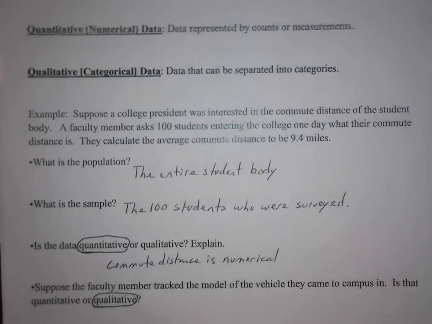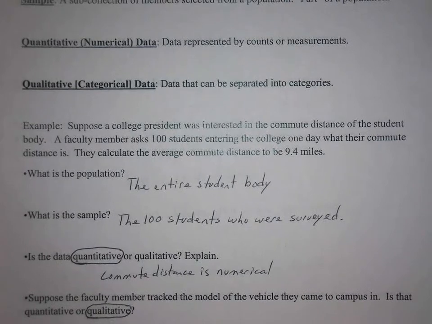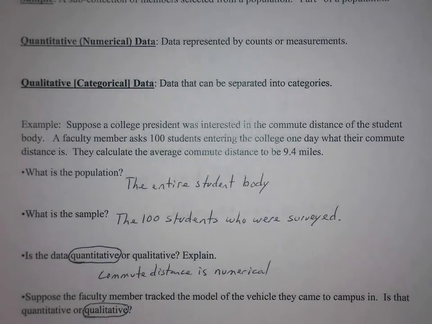The other thing I'm going to mention between population and sample is that the faculty member may just be interested in their own students, because when they schedule an exam or do something in class, they may be interested in how long it takes their students to drive to campus. The population in that case would just be those faculty member's students.